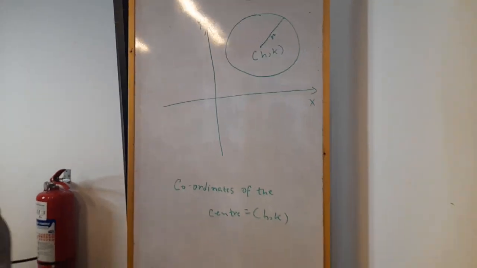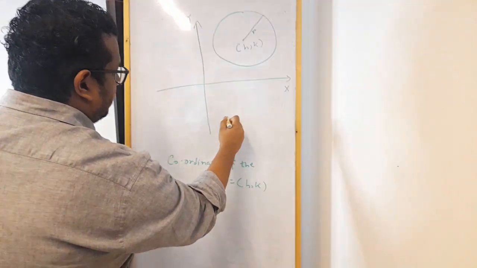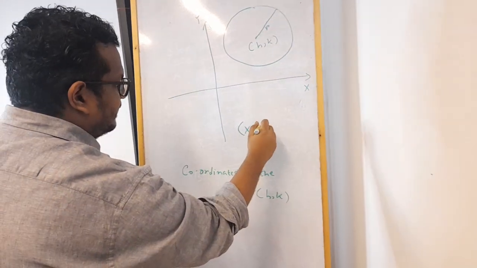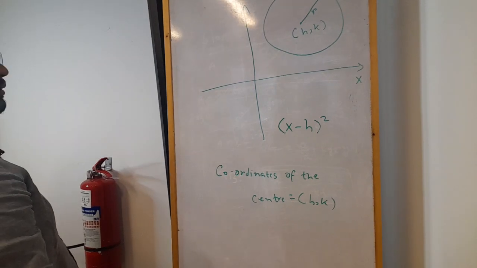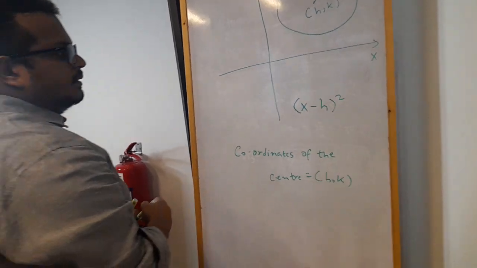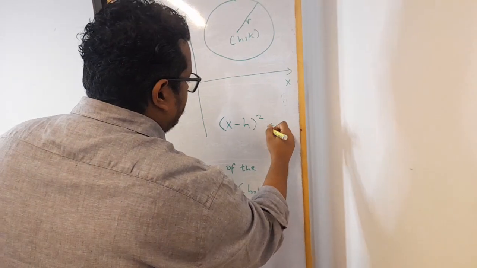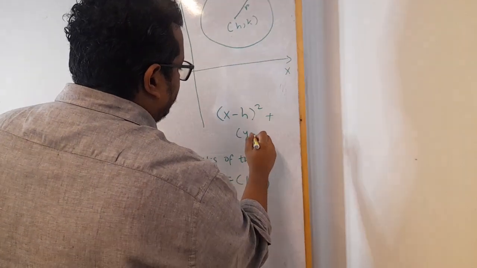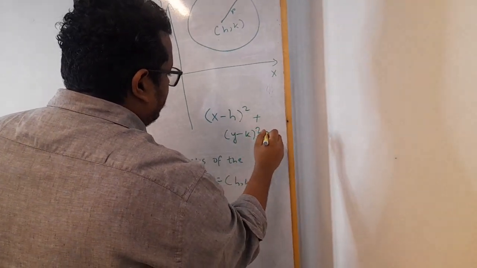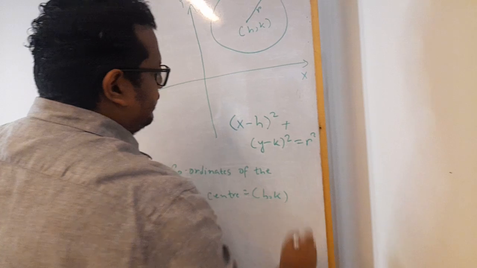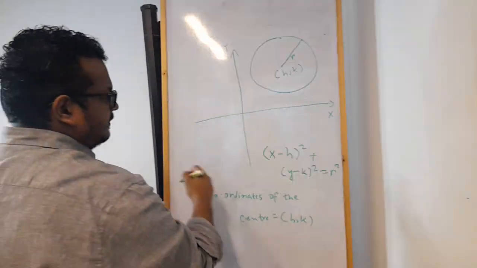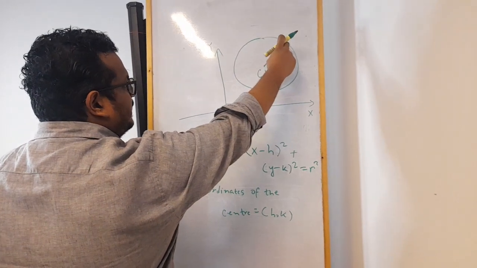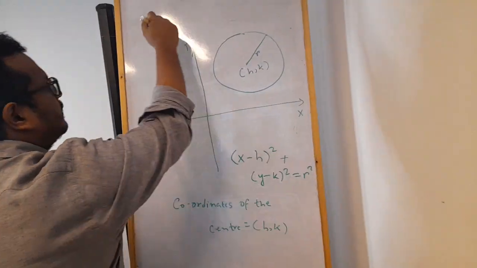So for this, the equation is (x minus h) square plus (y minus k) square equals r square. So if I write it properly, in order to find the radius r, you can find it like this.